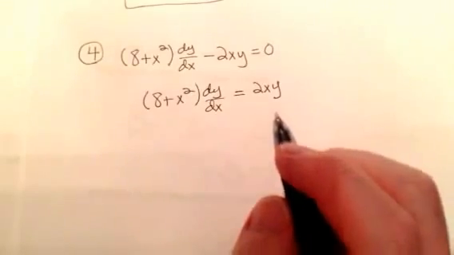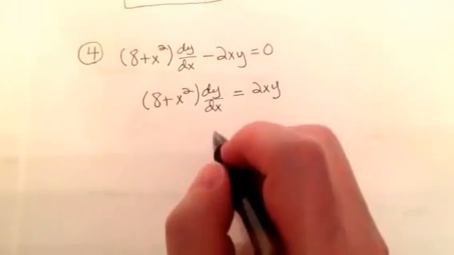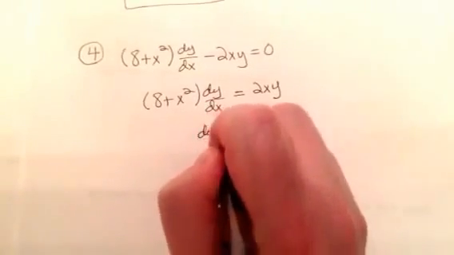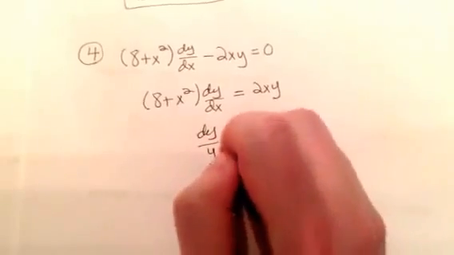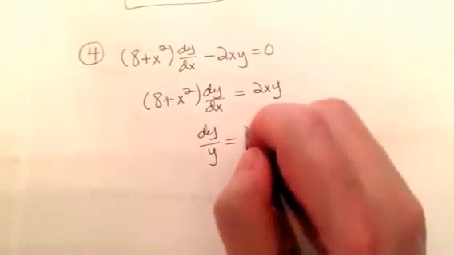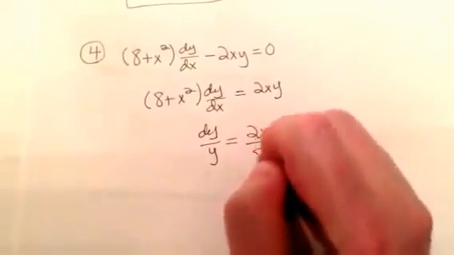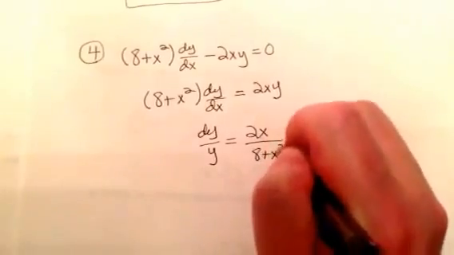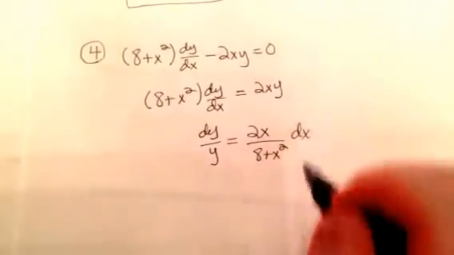So we would have dy over y is equal to 2x over 8 plus x squared dx.